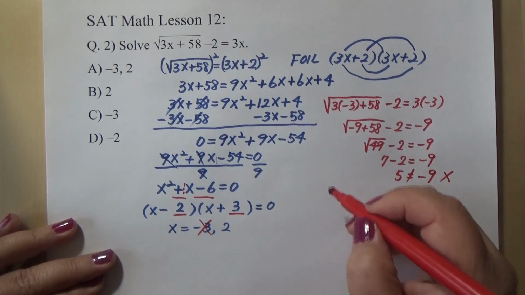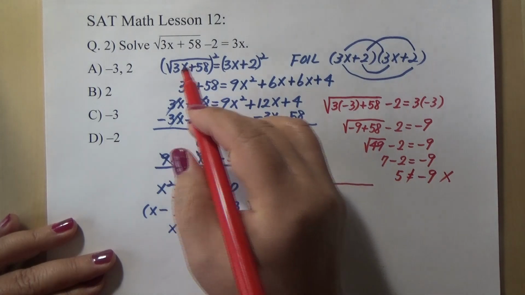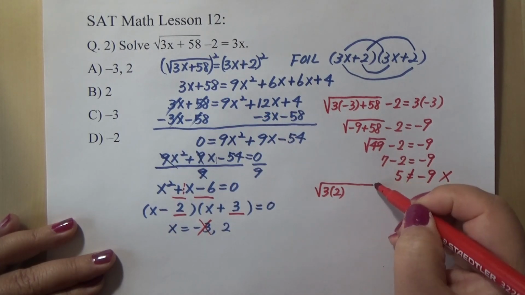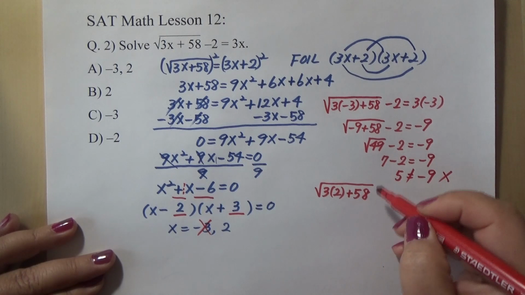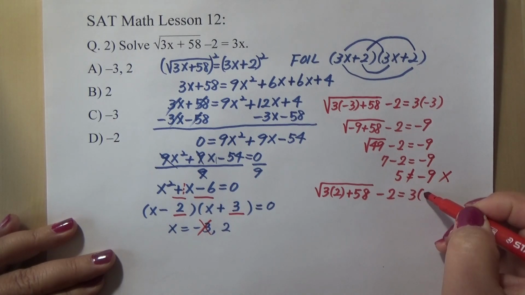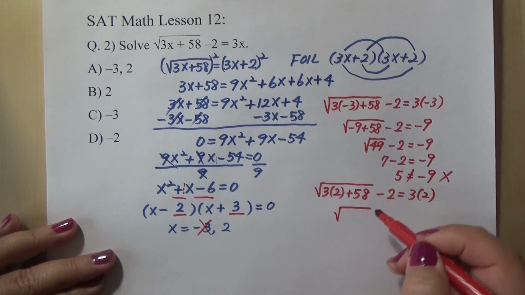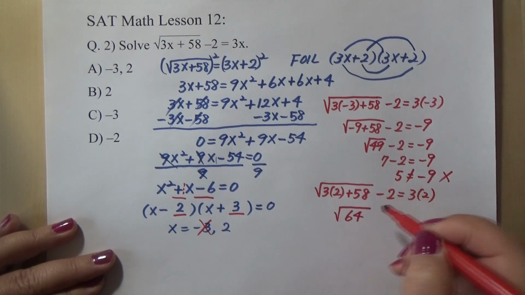So how about 2? We're going to plug 2 into x, okay? Square root of 3 times 2 plus 58, minus 2, is equal to 3 times 2. And 3 times 2 is 6. 6 plus 58 is 64, I'm going to say.